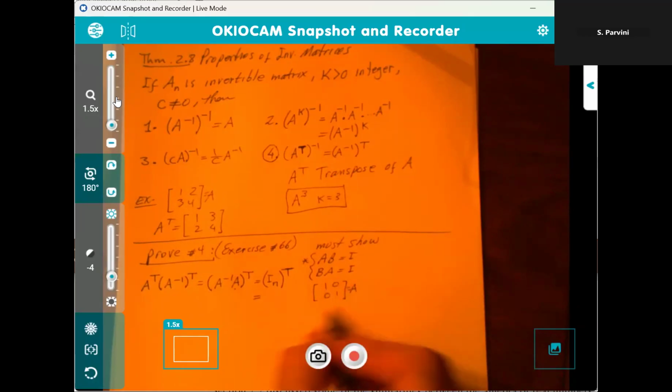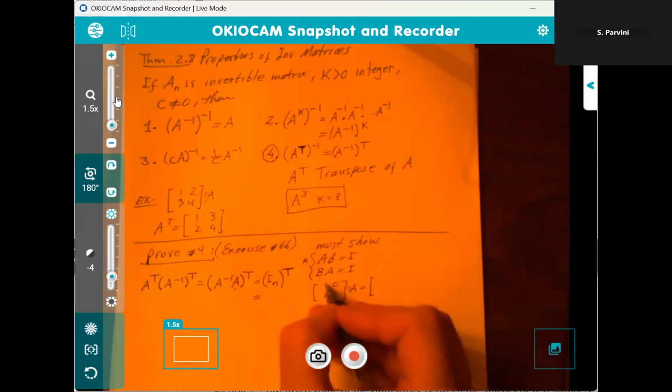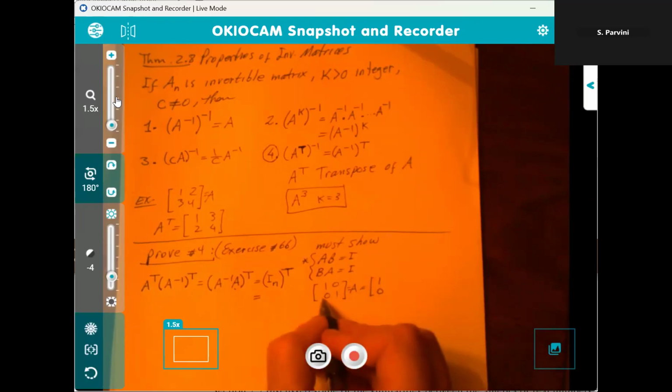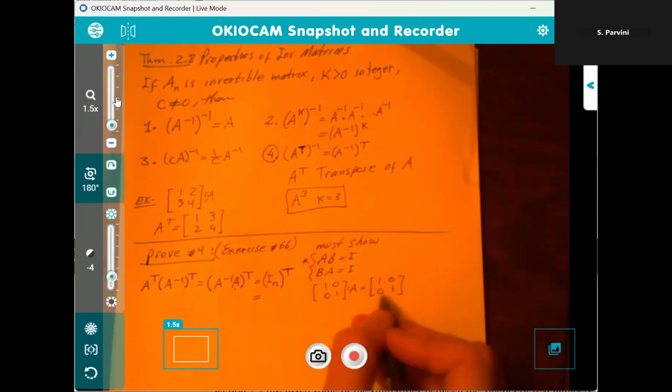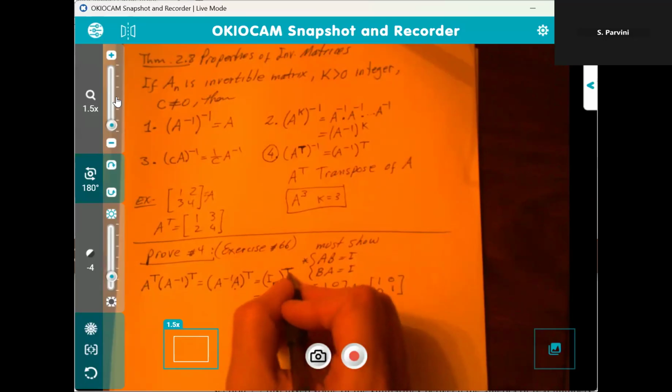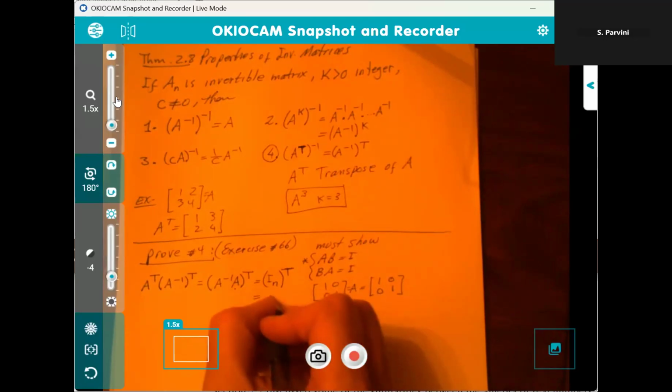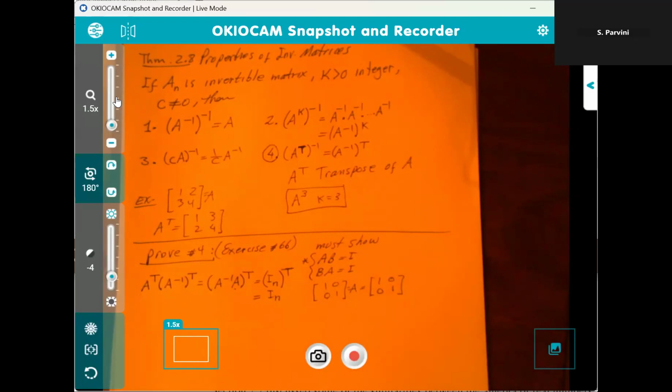What's the transpose of this? 1, 0, the first row becomes the first column. The second row becomes the second column. Isn't it itself? It looks exactly the same. So the transpose of the identity matrix is just the identity matrix.